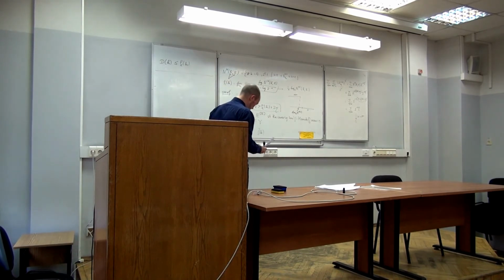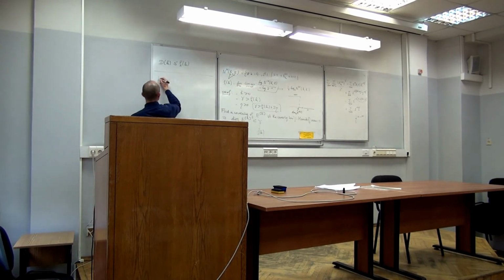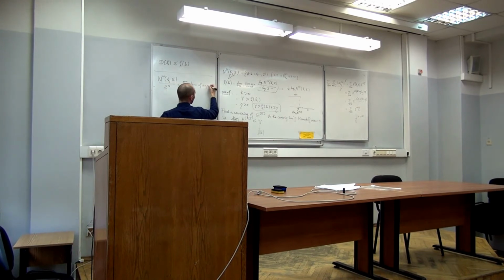Why is it so? Well, consider this quantity here. Two to the n is the total number of exponents that you have. Okay? And so this is roughly equal to the proportion of exponents which are roughly equal to h, the fraction of exponents roughly equal to h.